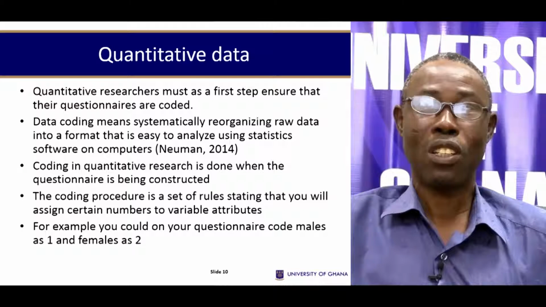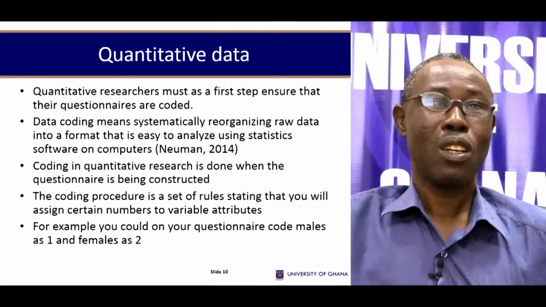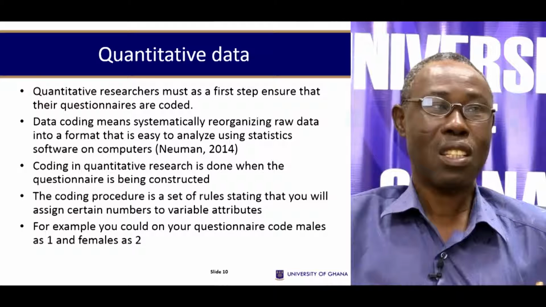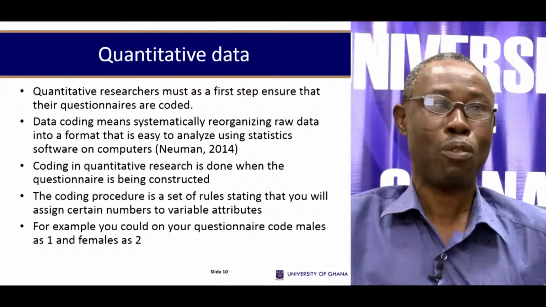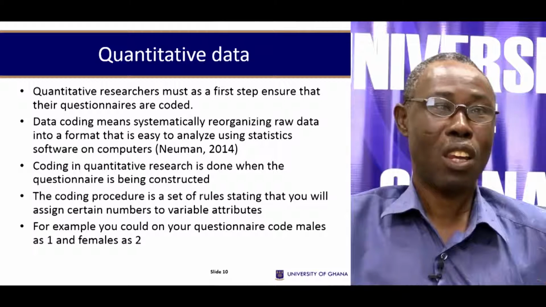When we talk of quantitative data, we are interested in looking at data that can be presented in the form of numbers or figures. And so many of the data that we talk of as quantitative data are numbers or figures that we have put together and try to make meaning out of them.